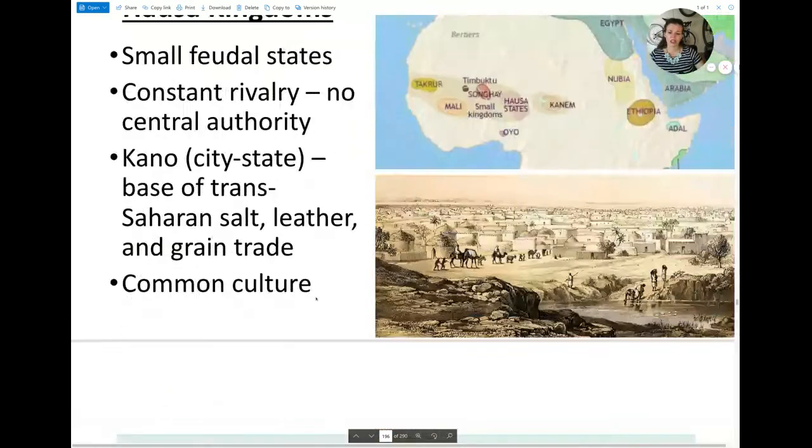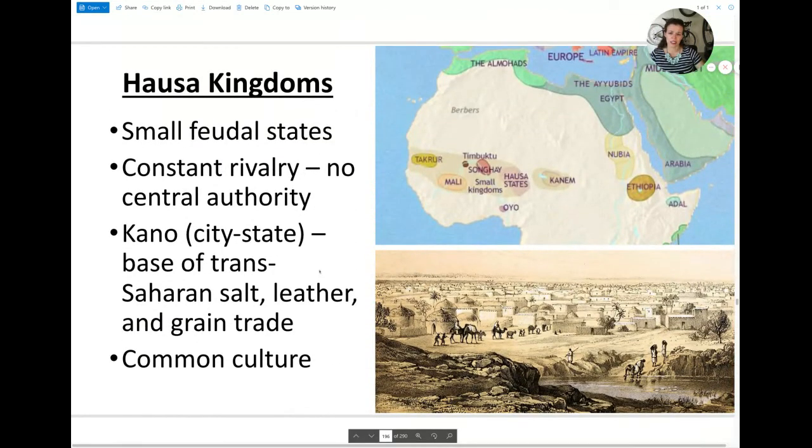All right, now let's talk a little bit about the Hausa kingdoms. These are small feudal states. So you have a constant rivalry here. First of all, they're located in West Africa, still south of the Sahara, but West Africa as opposed to East Africa. See, there's Ethiopia.